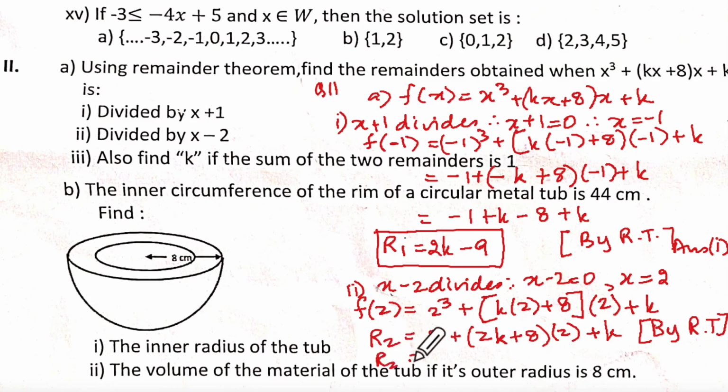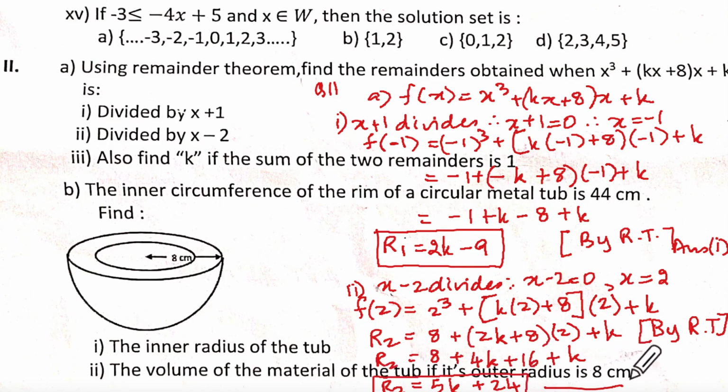So R2 will be equal to 8 plus 4k plus 16 plus k. So R2 is 5k plus 16 and 8 is 24. Okay, and this is your answer.